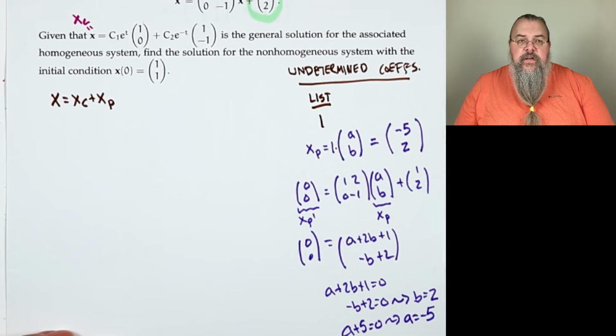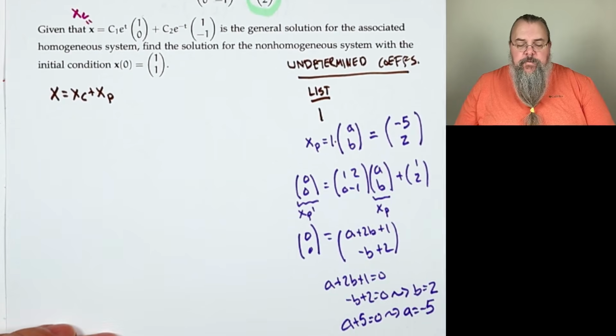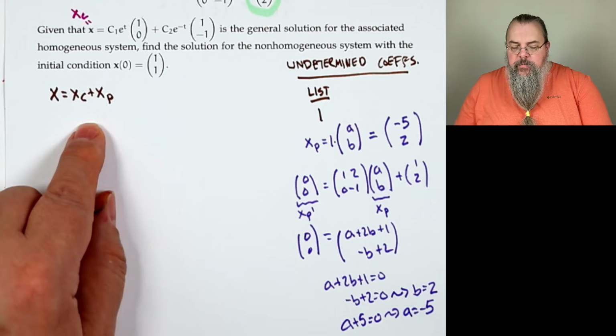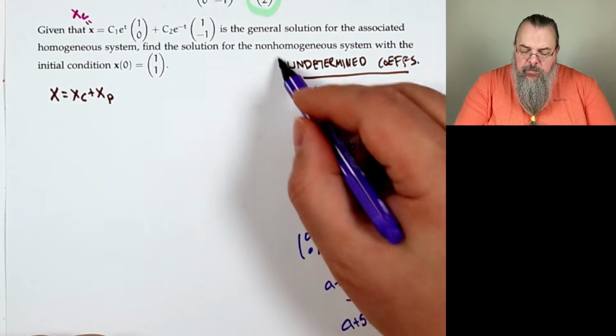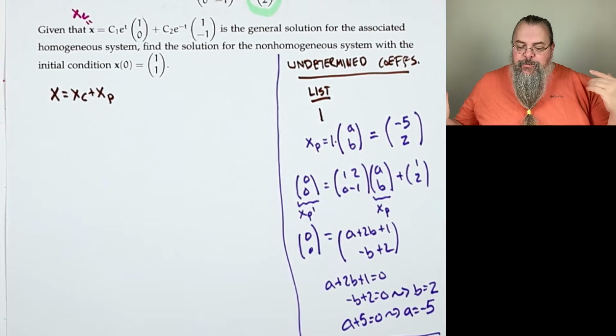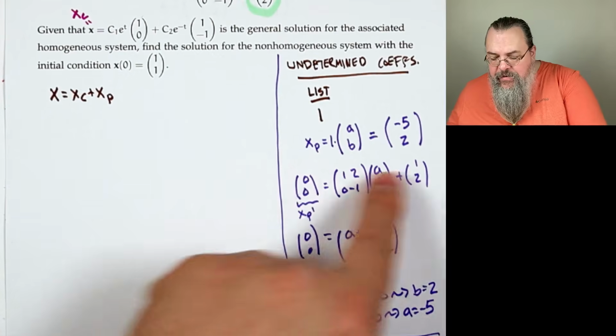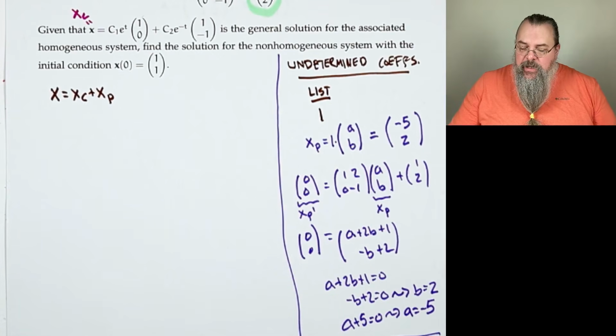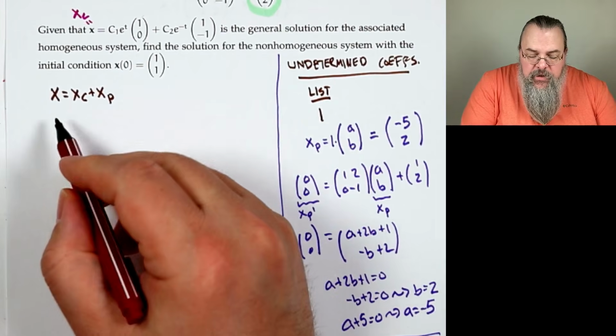All right, pull this back down. And okay, we want to make sure I have xc available. So we took care of our undetermined coefficients, which gave us our xp. Now we have our general form. We just put it all together.